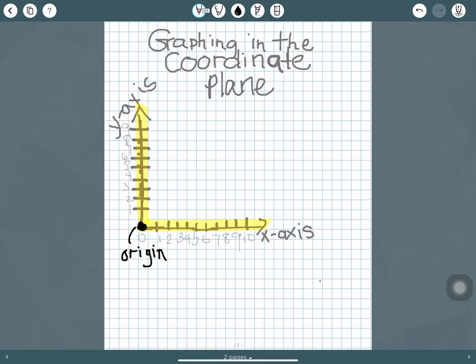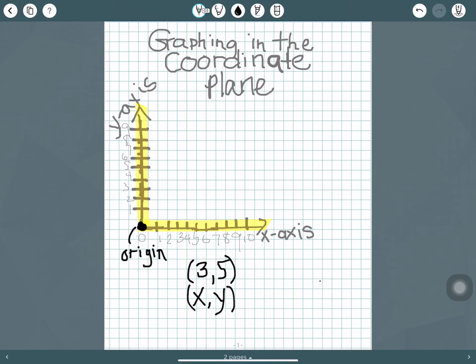Okay, in order to graph on the coordinate plane, we use a pair of numbers. The first number represents how far to go along the x-axis, and the second number represents how far to go along in the y direction, or vertically.